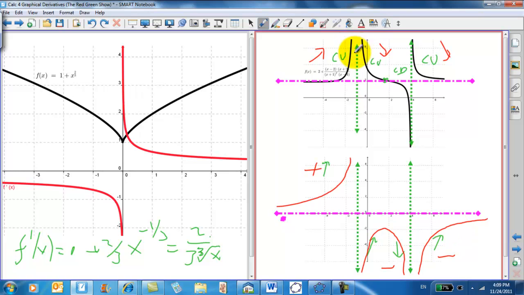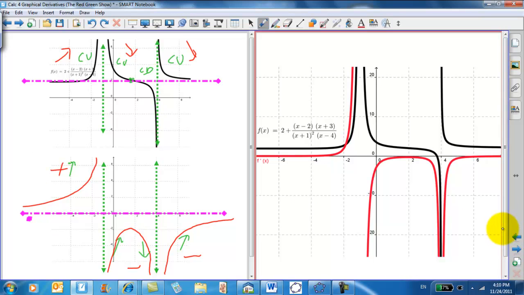Notice that at this vertical asymptote, the function approaches, both of them approach positive infinity, but then it flips here on the derivative. And we see that over here too, with the original function going to opposite infinities on this vertical asymptote, and that means on the derivative it's going to go to the same infinity. And we see that happening, sure enough.